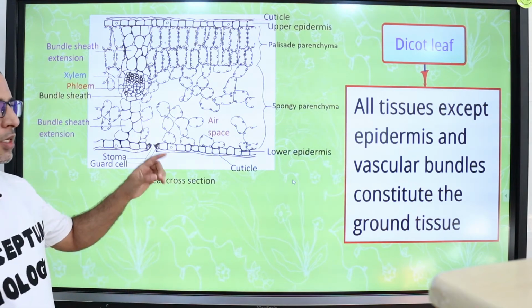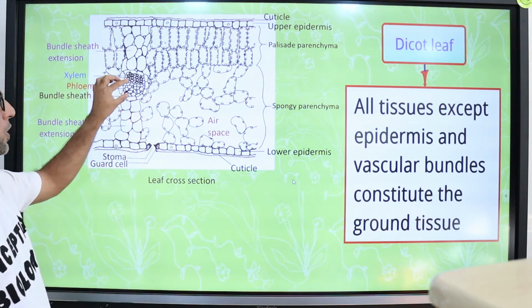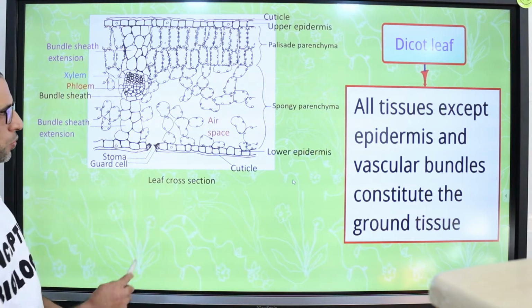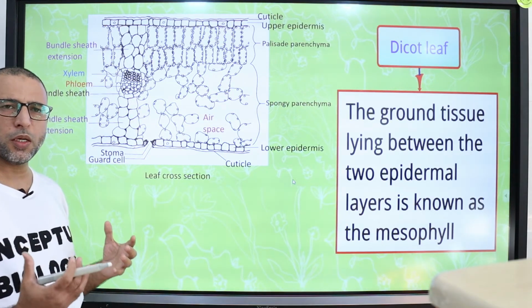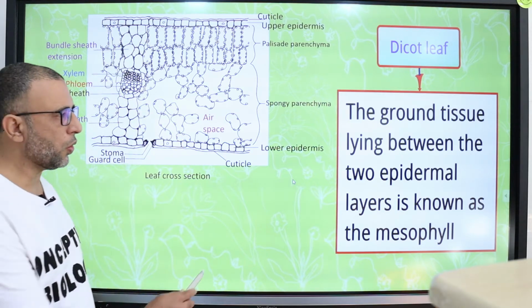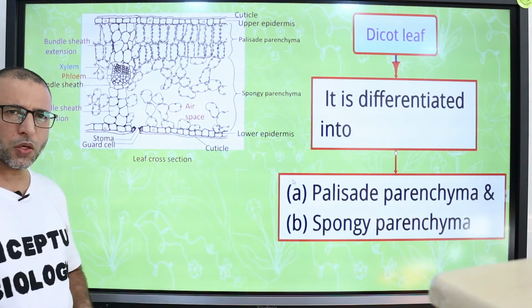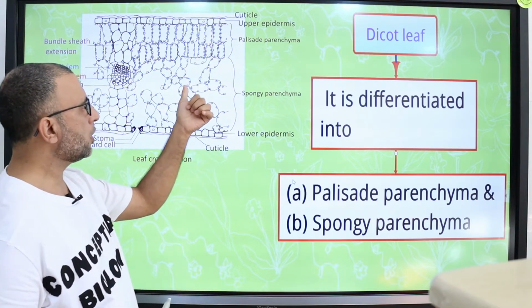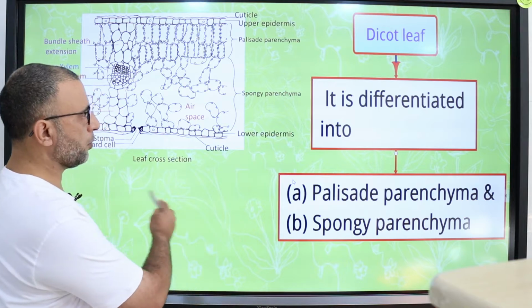All tissues except epidermis and vascular bundles which are present inside the leaf are called ground tissue. The ground tissue is the mesophyll tissue, which is present between the upper epidermis and lower epidermis. In dicot leaf, mesophyll tissues are differentiated into palisade parenchyma and spongy parenchyma.